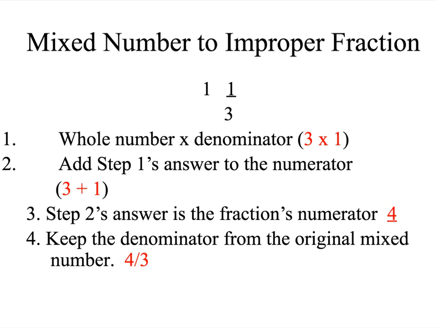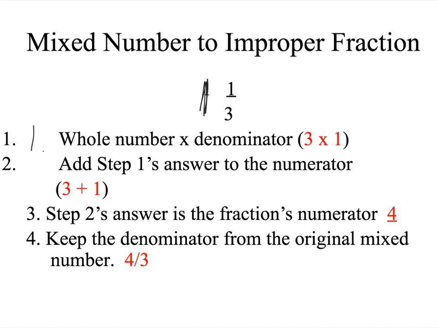Without using fraction strips or a picture, there is a way to change a mixed number to an improper fraction. In the previous problem, it said that I had 1 1/3 granola bars. Now it's very important that you write these steps in your notes so that you know what to do.